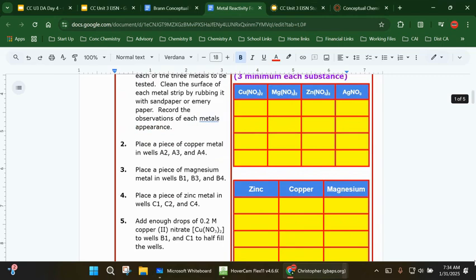Again, you're describing what you see, what you felt, what you smelled. Those of you who weren't here, you're going to have to do the best you can to describe 3 things about the pictures you're seeing. But if you don't have at least 3 things for one of these, you're losing the point for it. So you might as well do them, ladies and gentlemen.